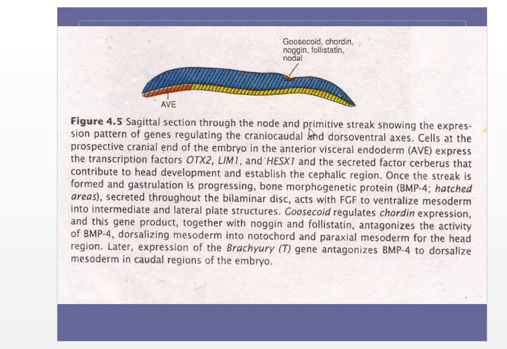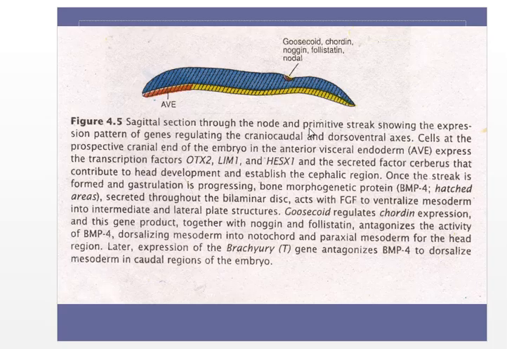In conclusion, when we have a high concentration of BMP4, the ventral body wall is formed, and when we have a low concentration of BMP4, as a result of expression of some transcription factors like chordin, noggin, follistatin, the mesoderm in this area makes the vertebral column.